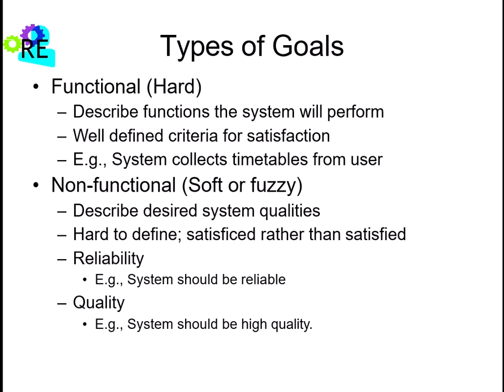Non-functional goals or soft goals describe the desired system qualities, which are hard to define and are satisfied rather than strictly satisfied. For example, reliability. System should be reliable, accurate, and secure. It should perform well in terms of efficiency, storage, utilization of resources, etc. These are soft goals, which are hard to define.